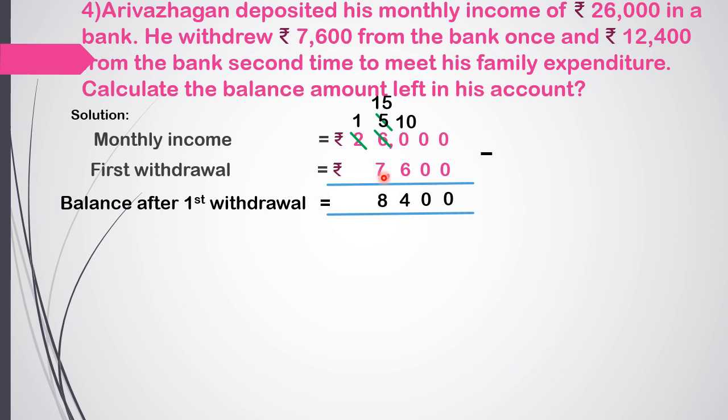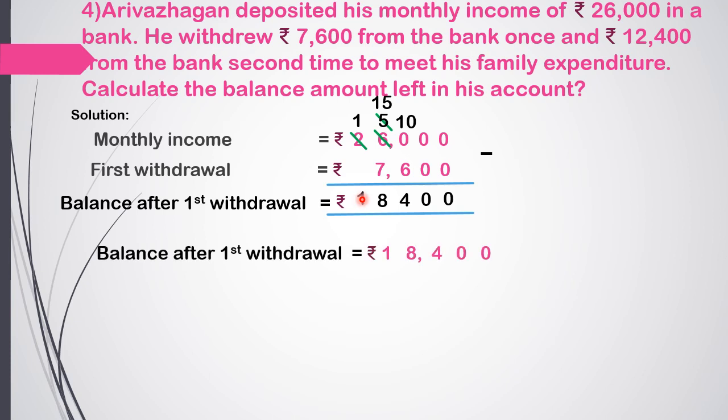So that is 8. Now the 1, you can write as it is, because in the second number we don't have any other digits here. So balance after first withdrawal is equal to 18,400.